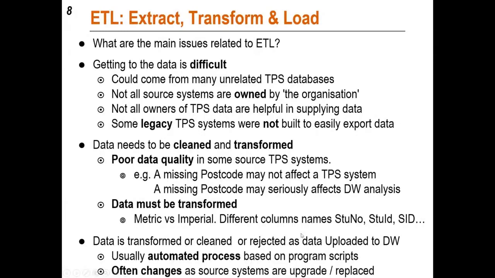Sometimes these columns can have different meanings too, because SID, student ID, may mean two different things in two different tables. So we need to clarify that before we move this data into the data warehouses. So data has to be transformed or cleaned, or sometimes we need to reject the data before we upload it to the data warehouses.